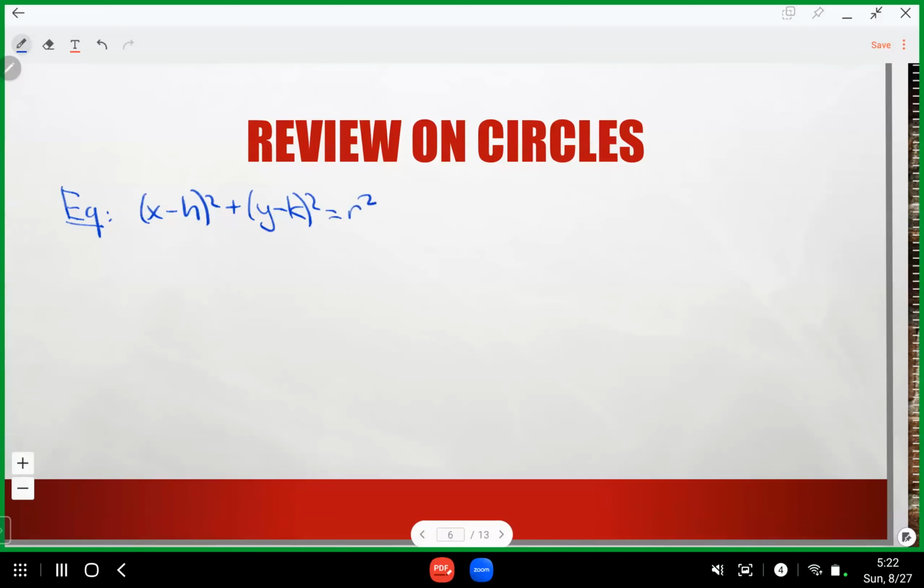The way we get this is through the distance formula, where of course the center is (h, k). So speaking of the distance formula, what is the distance formula?